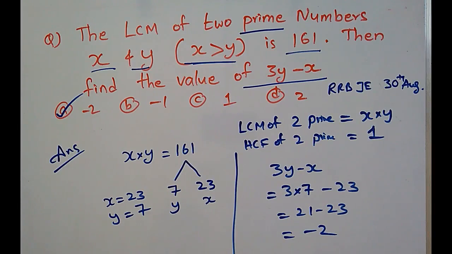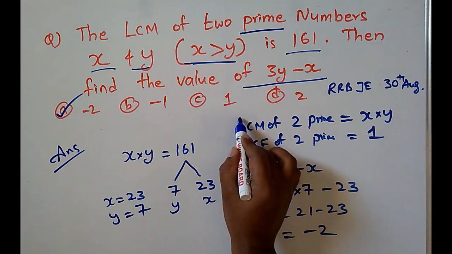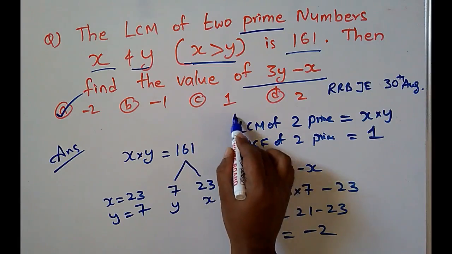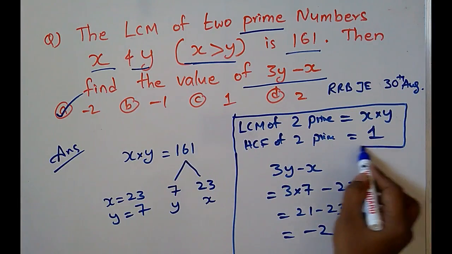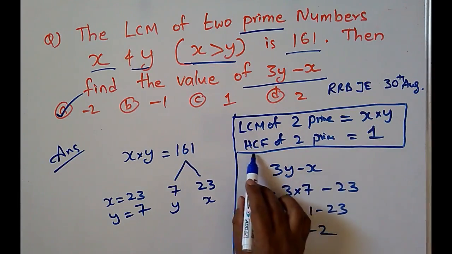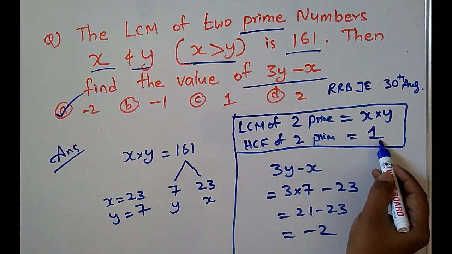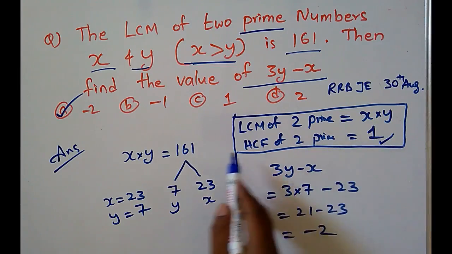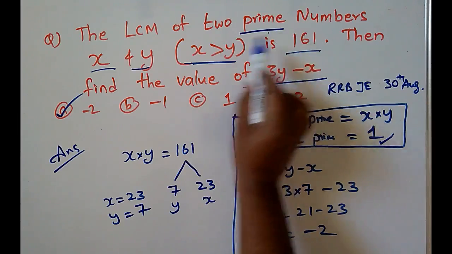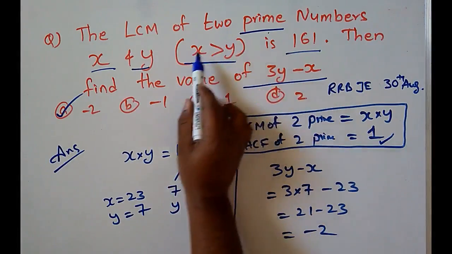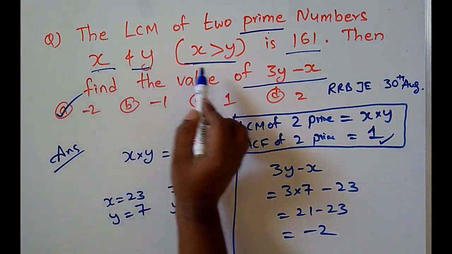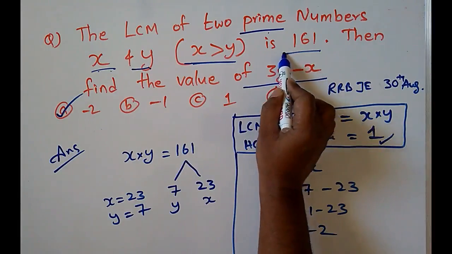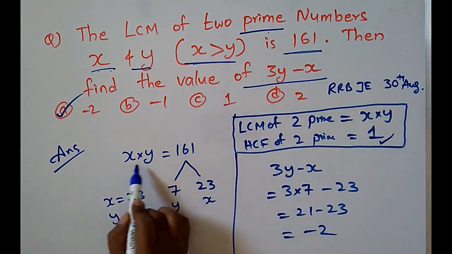Have you got it, friends? We have already studied that the LCM of two prime numbers is the product of those prime numbers, and the HCF of two prime numbers is 1. Here the LCM of two prime numbers is given. In the sense, the product of x and y is given, that is 161.